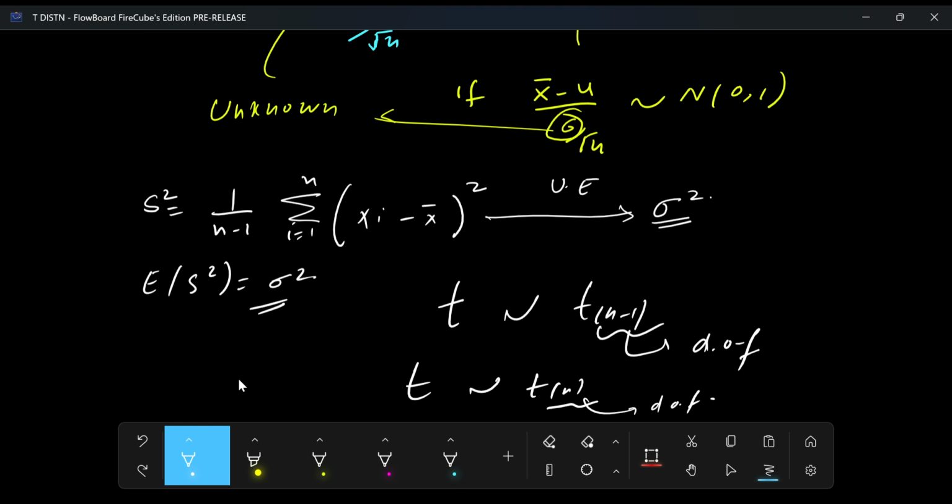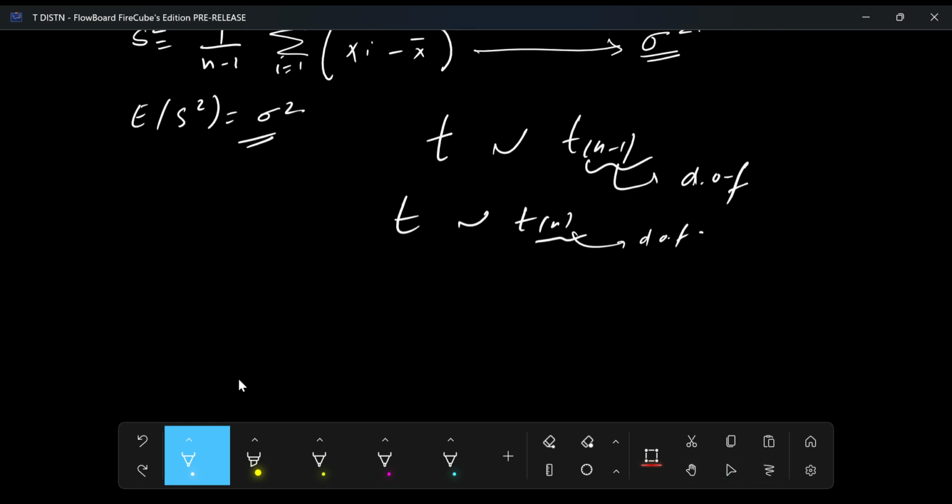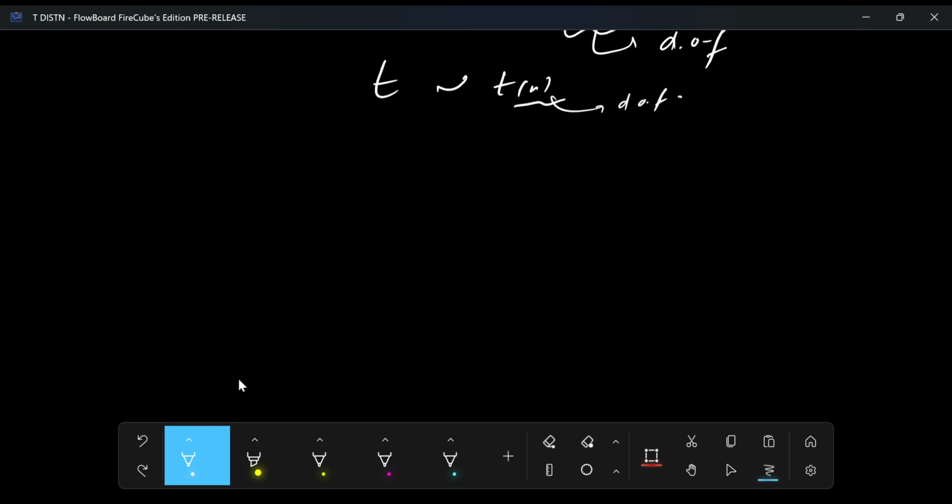So what are degrees of freedom? That's the number of observations minus independent constants, that is, the restrictions, simply. Now, what is the PDF of this T distribution? Let's see.